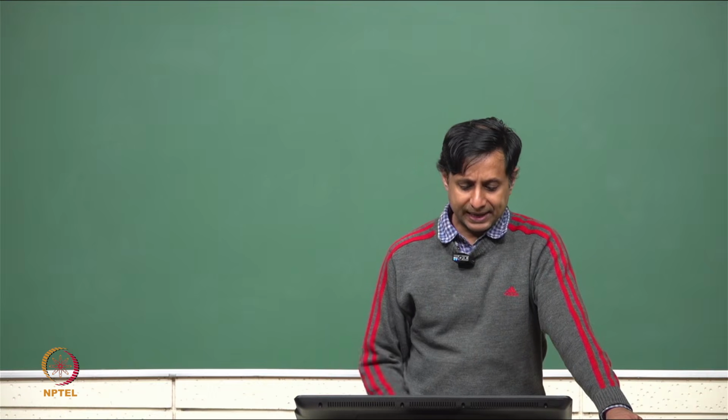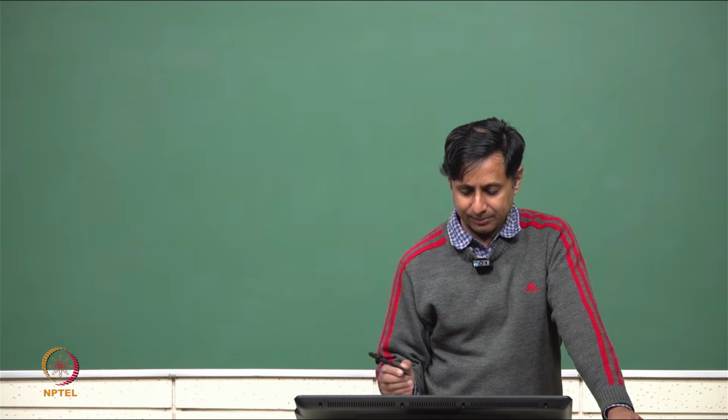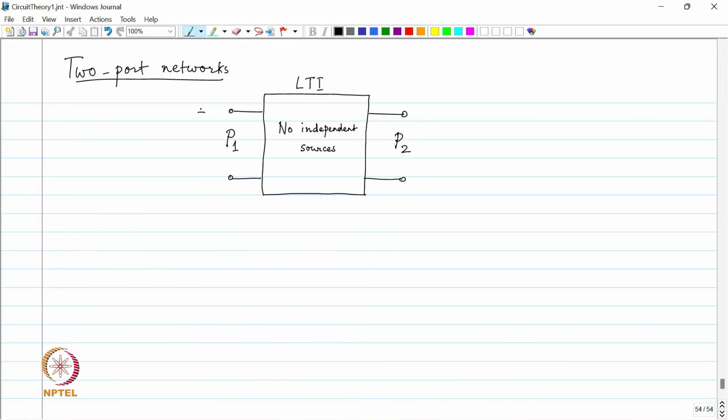Now, P1 and P2 have a voltage and a current. We are going to look at the voltage V1 at port 1, the voltage V2 at port 2, and the convention for current is that it always has to go into the network at the plus terminal. This is a fixed convention.